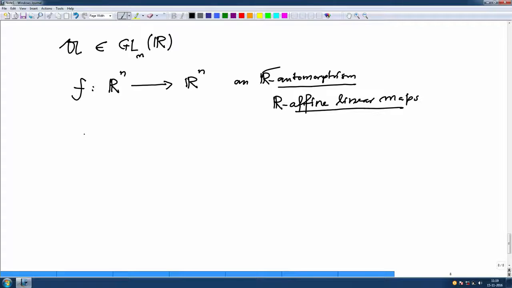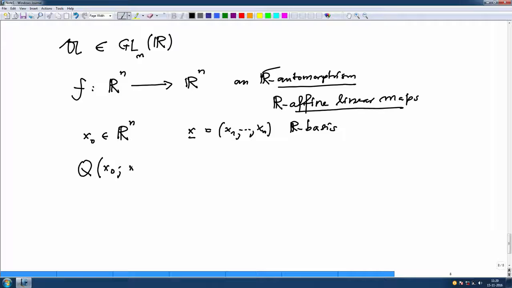So now, x naught, as usual, is a fixed point in Rn and x1 to xn is an R-basis of Rn. From this we have the parallelotope Q(x naught, x).